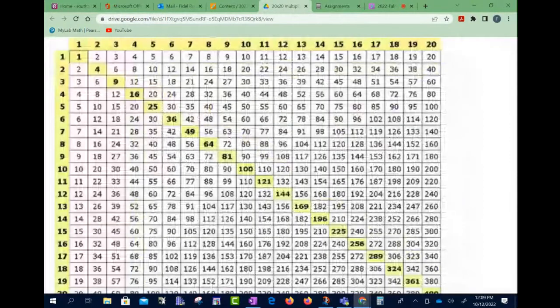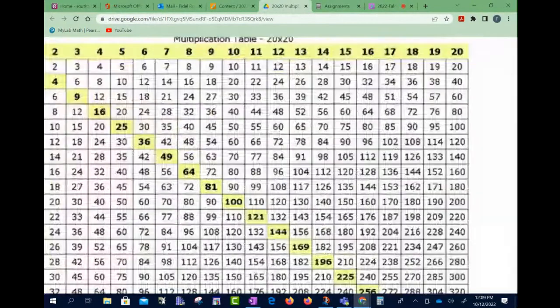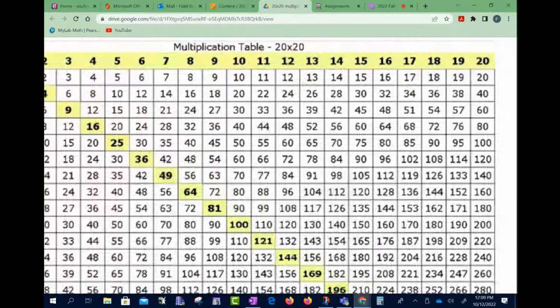If we had 1 pack, we'd have 8 cups. If we had 2 packs, we'd have 16 cups. If we had 3 packs, we'd have 24, and so on. Then we do the same thing for the 12. If we had 1 pack of plates, we'd have 12. If we had 2 packs, we'd have 24, and so on.